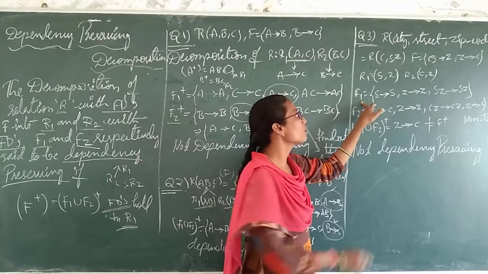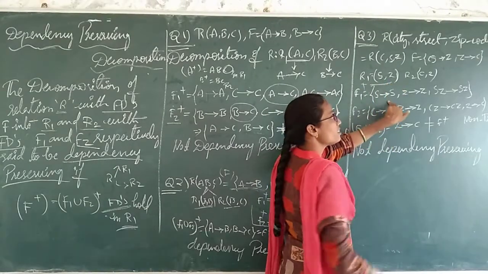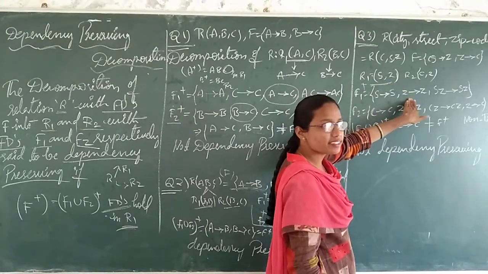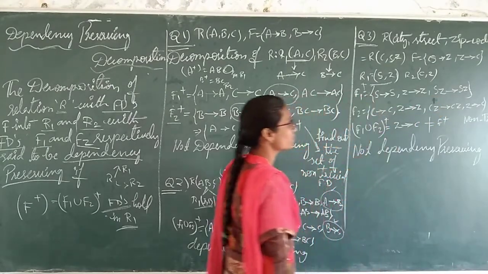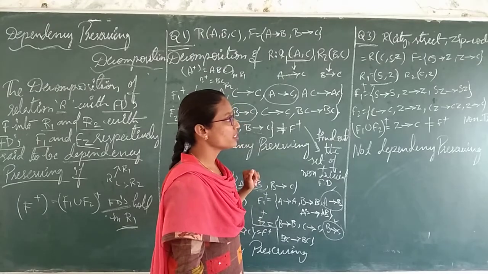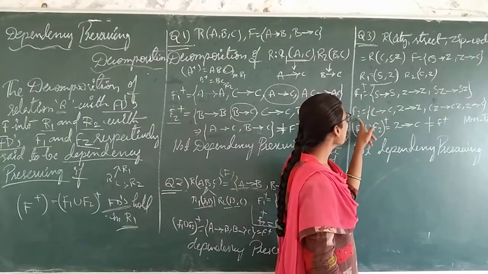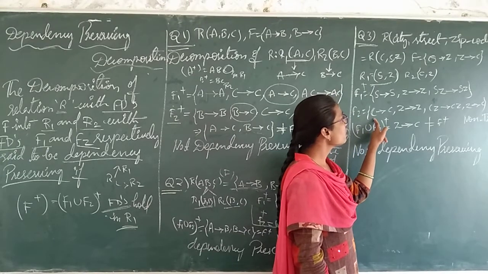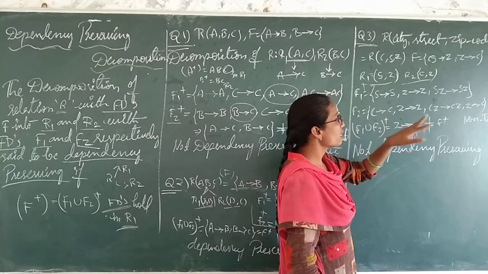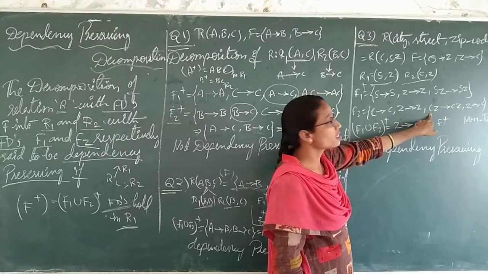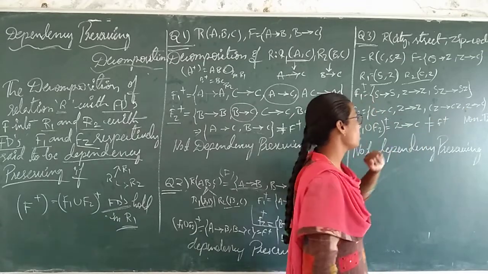In F1 closure: S determines S, Z determines Z, S determines SZ, SZ determines S, Z. In F2 closure: C determines C, Z determines Z, CZ determines CZ, then Z determines C.